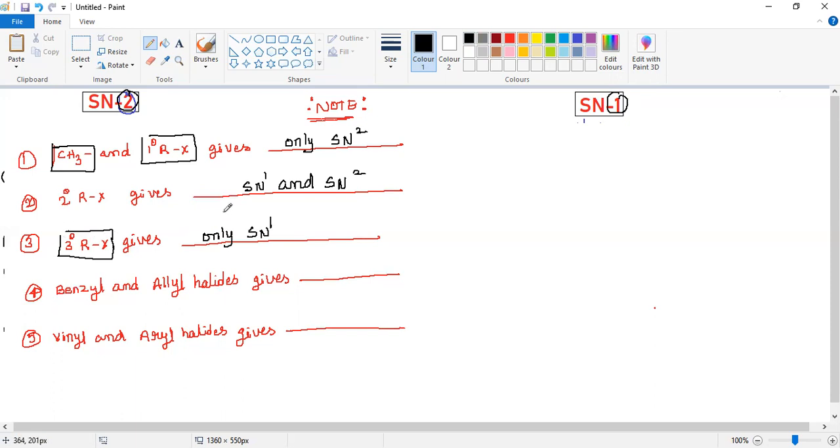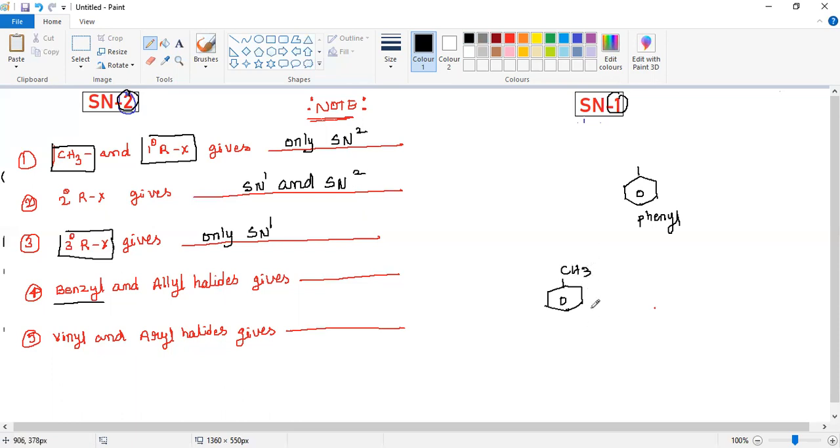Next, these three are clear. What about the fourth and the fifth one? Benzyl and allyl halides. I would give a little explanation about benzyl. What is benzyl? This is the benzene ring. Is this said to be benzyl? No, it is said to be phenyl. So what is benzyl?